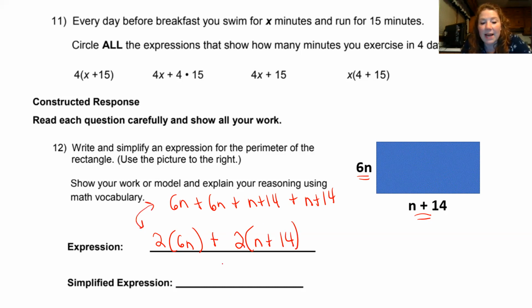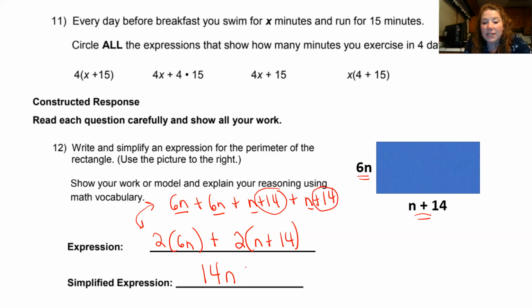However, when I simplify it, there's only one answer, right? I'm going to add up all my n's. So I have 6 plus 6 n's is 12 n's, plus 1 more n and 1 more n. So 12, 13, 14 n's. And then I'm going to add up those constants.